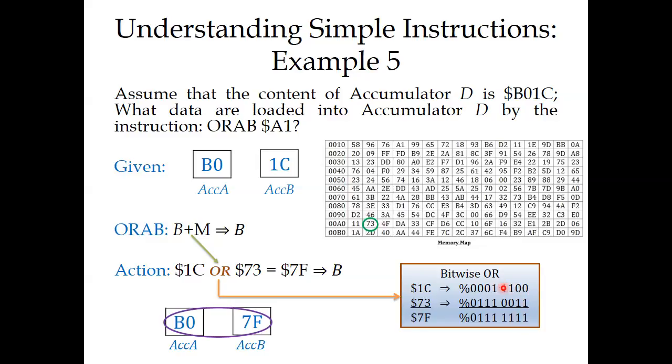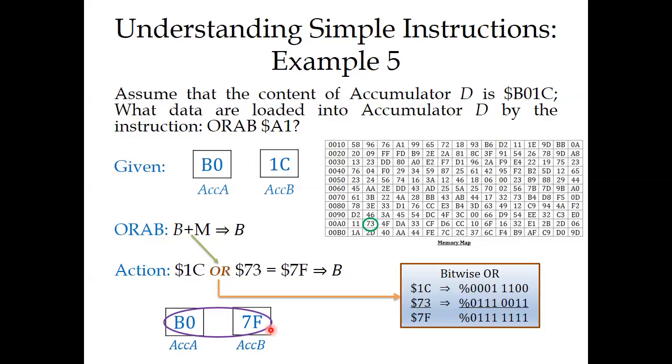You see here, all of these are 1s except the very leftmost one, because in the very left column, both of the inputs are 0, so the output is 0. Now this is my result, which is 7F. So the 7F is stored back to B, right, after this operation is done. Now the new content of B is 7F.